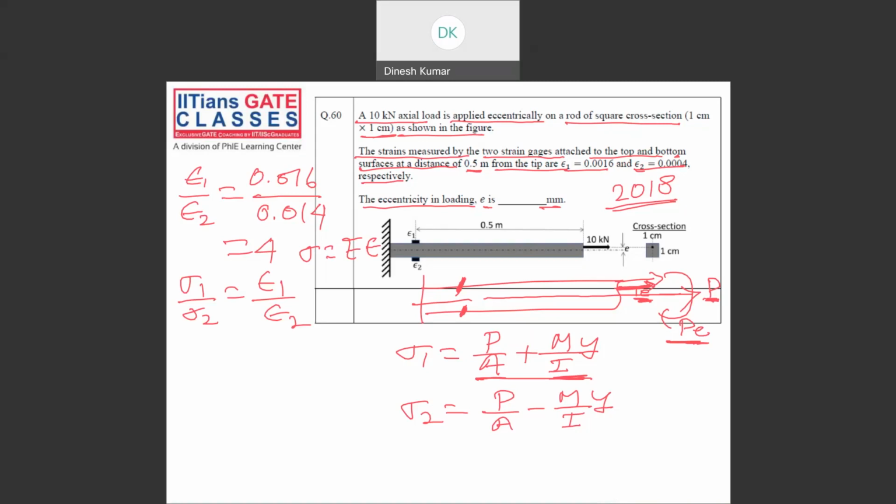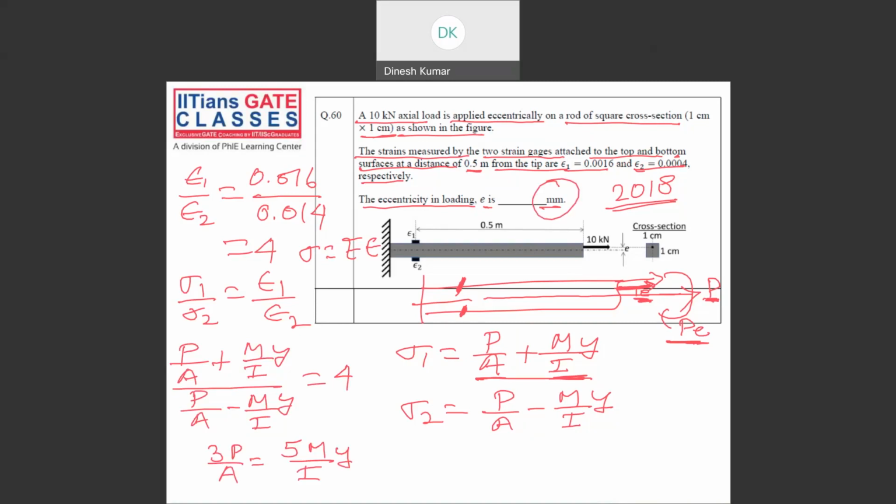Now substitute here. So what you find? P by A plus M upon I into Y, upon P by A minus M upon I into Y, and this is equal to 4. If you solve this, you will get 3P by A is equal to 5M upon I into Y. Now, since the answer is asked in mm, I will convert all the units to mm.